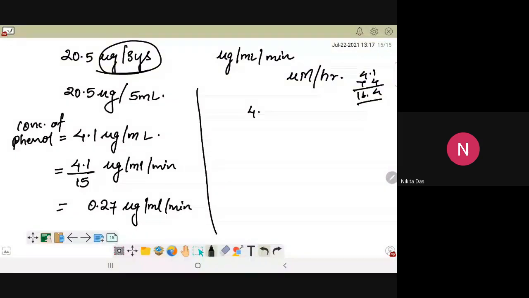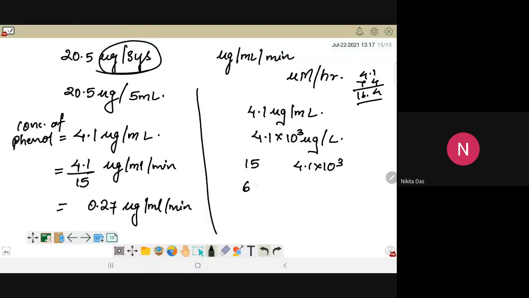So we know that we have 4.1 micrograms per ml. We have to convert this to liters. So 4.1 into 10 raised to 3 micrograms per liter. But this is in 15 minutes that I have this much. How much in 60 minutes?